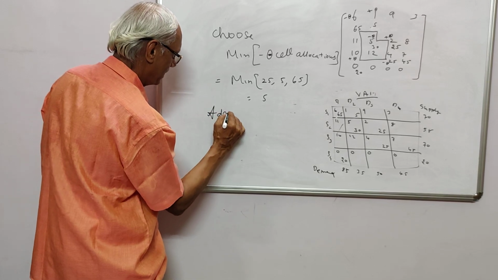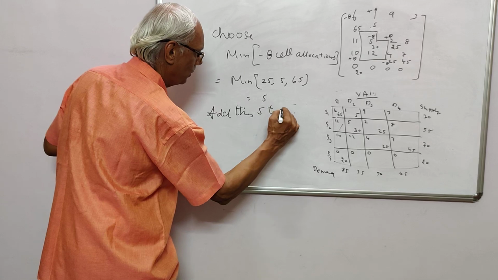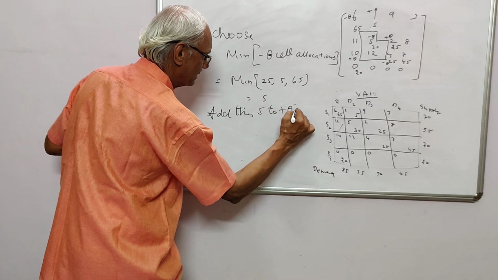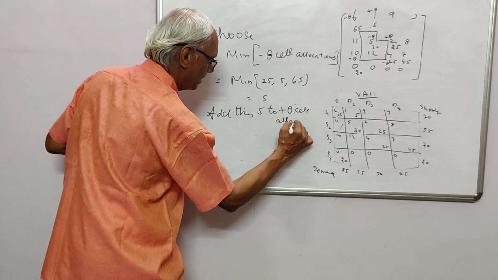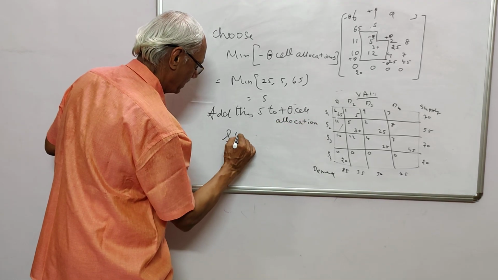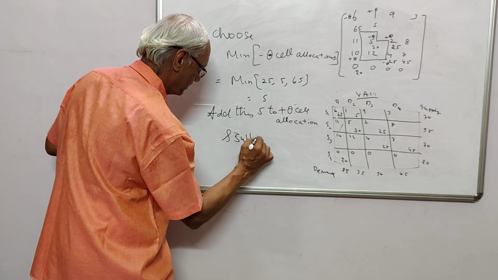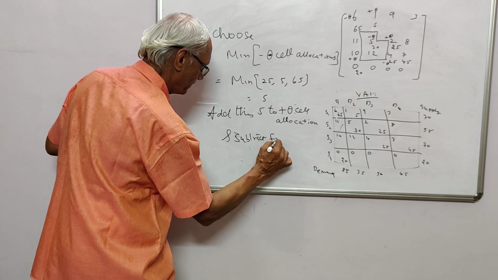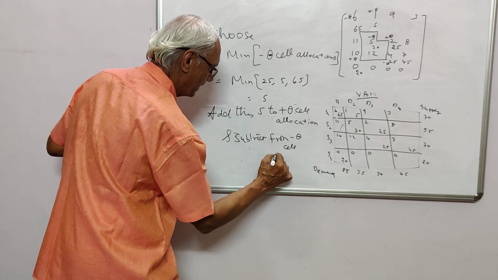Add this 5 to the plus theta cell allocation and subtract it from the minus theta cell allocation.